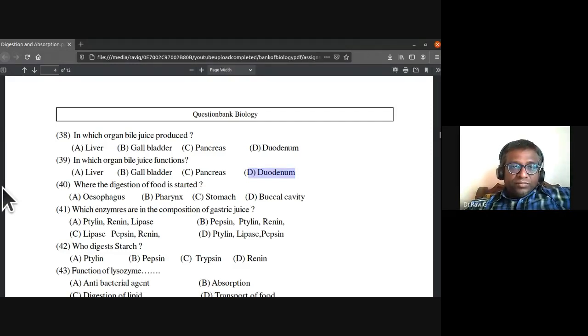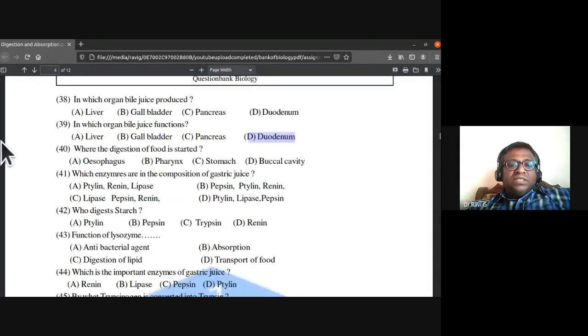40th, where does the digestion of food start? Esophagus, pharynx, stomach, buccal cavity.